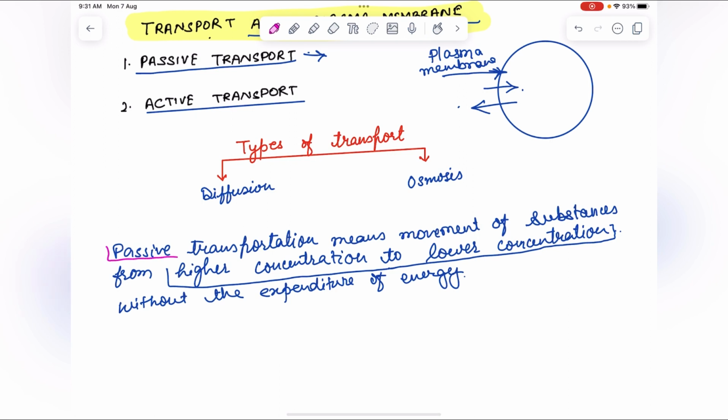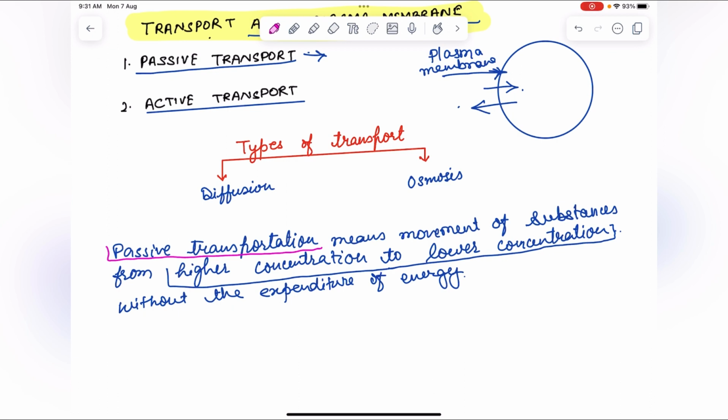In passive transportation, the movement takes place from higher concentration to lower concentration without the expenditure of energy. Now, what do we mean by higher and lower concentration?